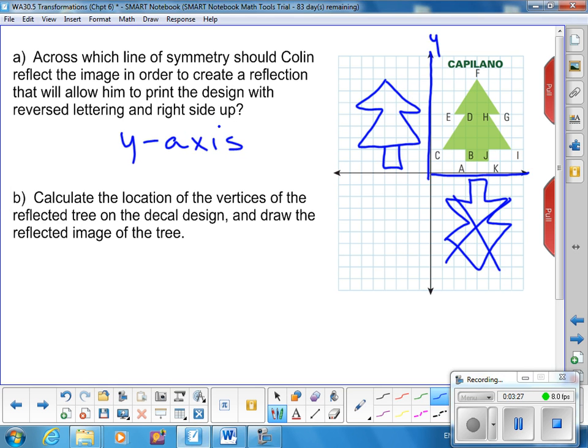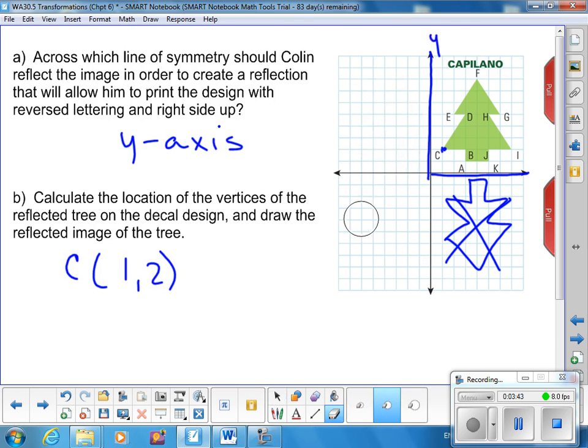Okay, now we have to look at each vertex. So C is 1 and 2. Now, I want the next C to be exactly the same distance away. So C is 1 square away from the y-axis, so it needs to be on the other side, exactly the same distance.